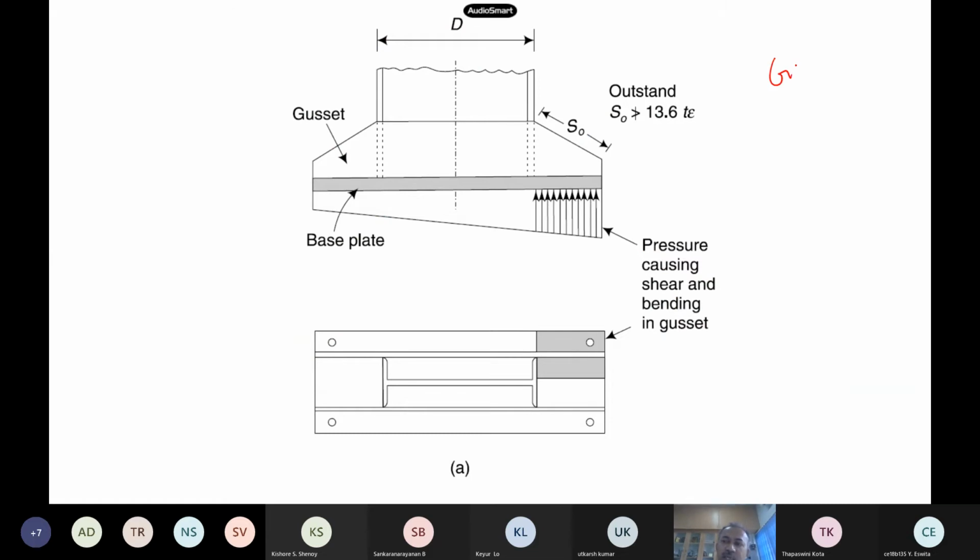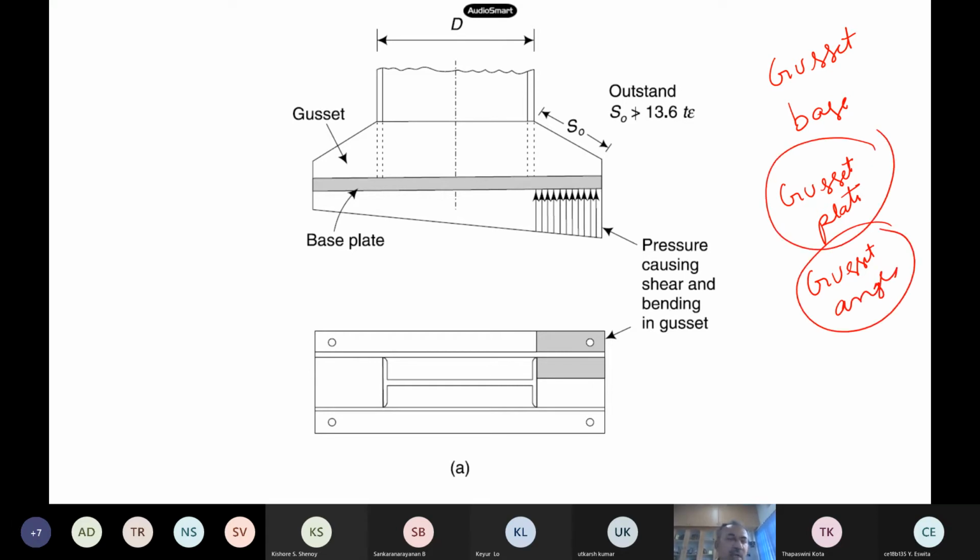Now, the gusset base, as I already told you, means that you have to design the gusset plate and also the gusset angle. So two things will come: what should be the thickness, length and width of the gusset plate, and then the angle also. This also has to be decided.